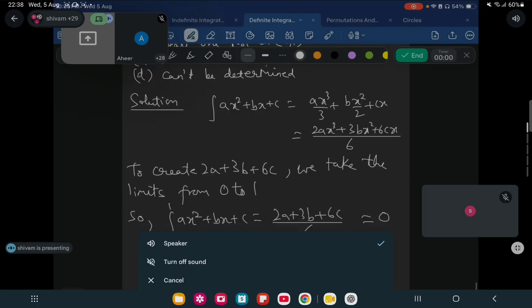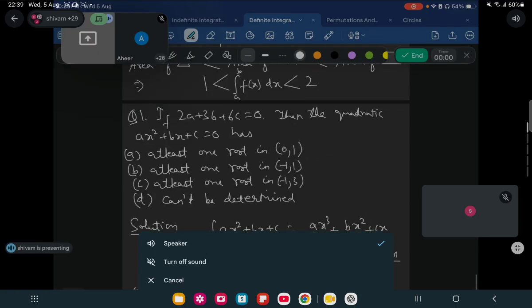So see, everyone, if integral from 0 to 1, ax square plus bx plus c is equal to 0, we can say that there exists at least one root in 0, comma 1. So hence option A is correct.